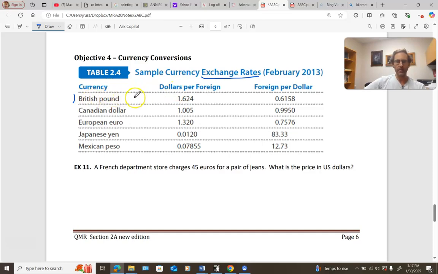Yeah, this first one right here means that 1 British pound is equal to this many US dollars.